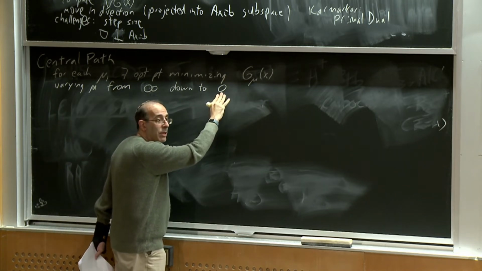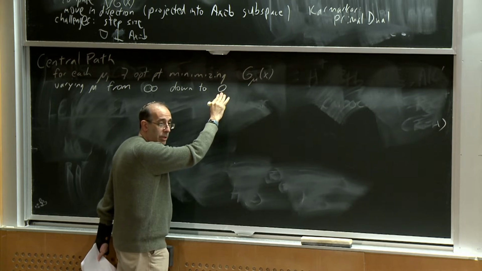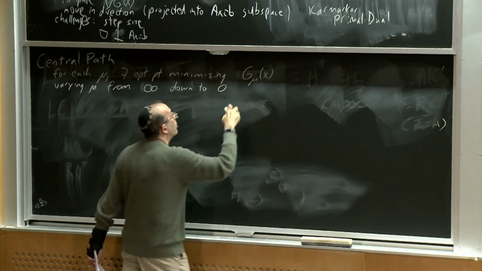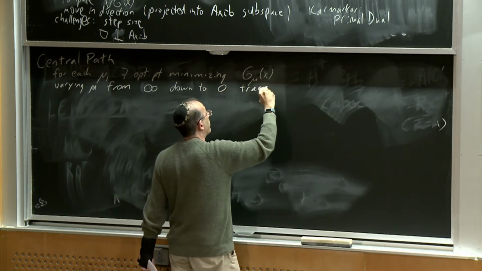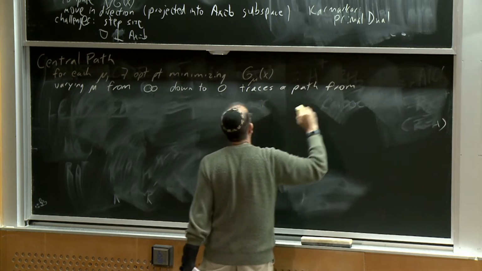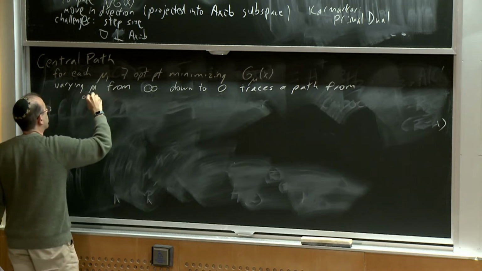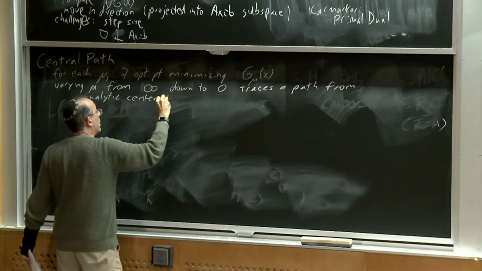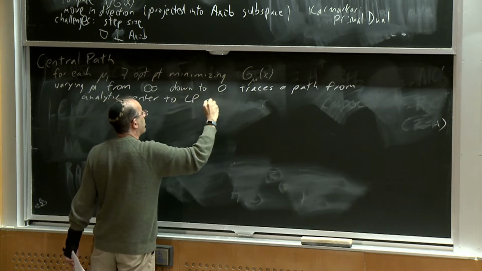In the limit as mu goes to 0, you're just optimizing Cx, but you're also staying in the feasible region, right? So this is going to trace a path from the analytic center to the LP optimum.